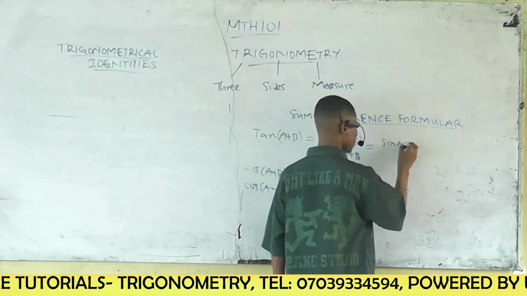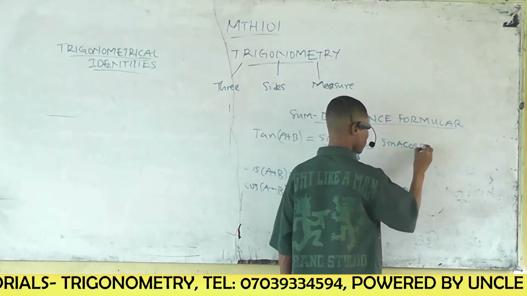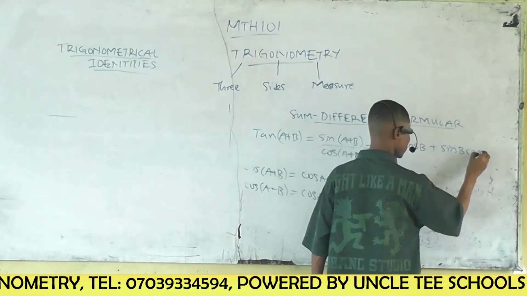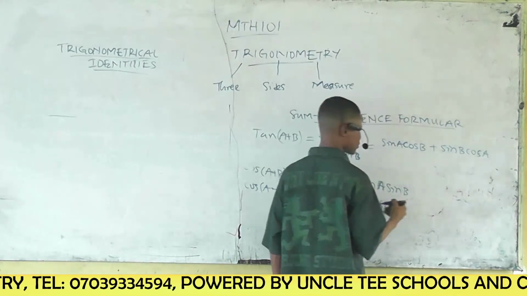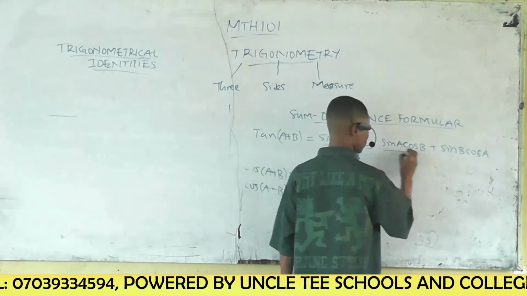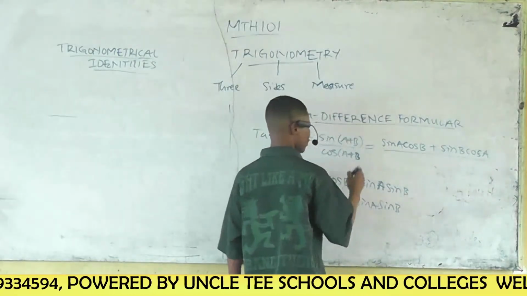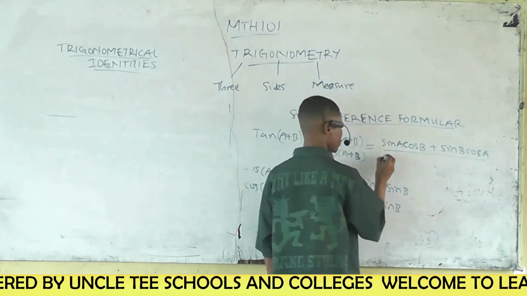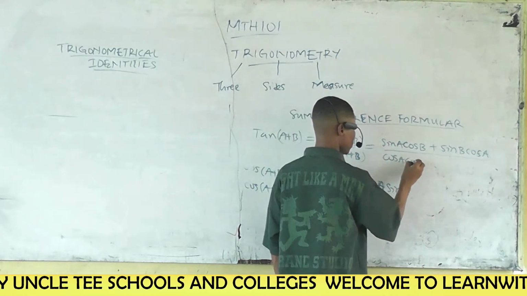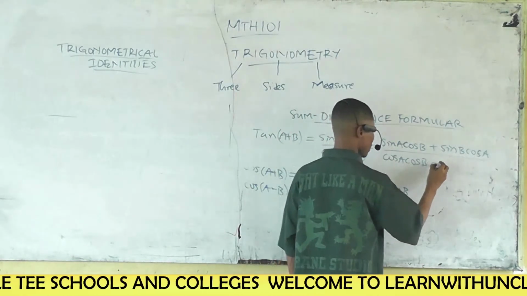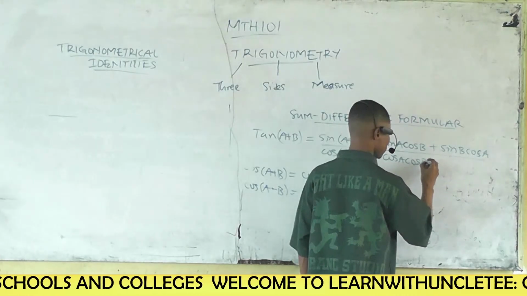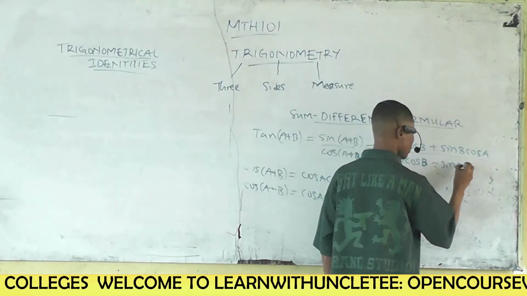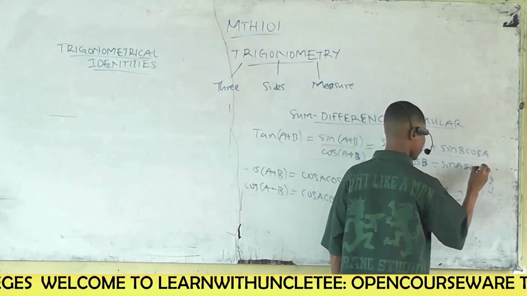Sine a cos b plus sine b cos a, right? Then cos a plus b will give you what? Cos a cos b minus sine a sine b.